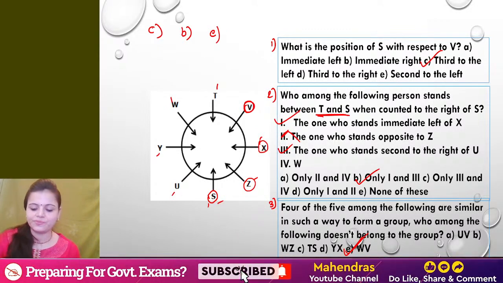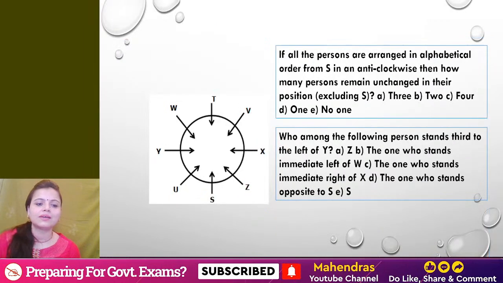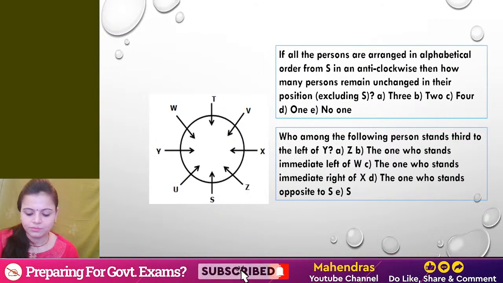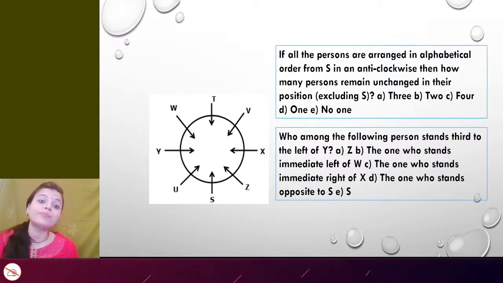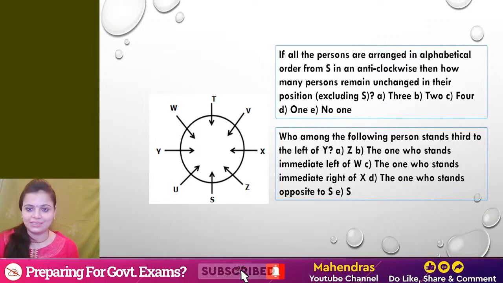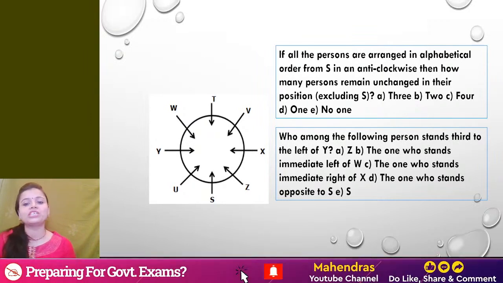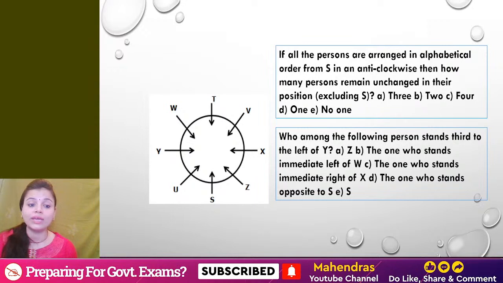Now answer this question. If all the persons are arranged in alphabetical order from S in an anti-clockwise direction, then how many persons remain unchanged in their position, excluding X and excluding S?